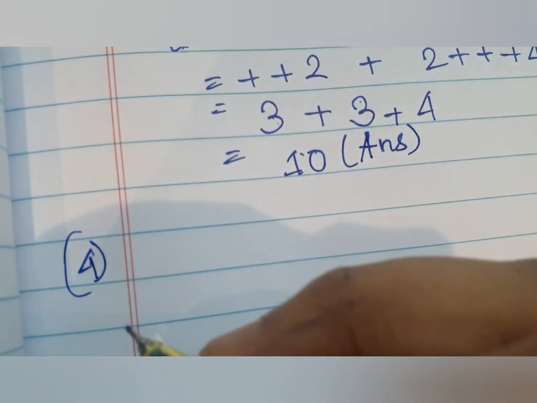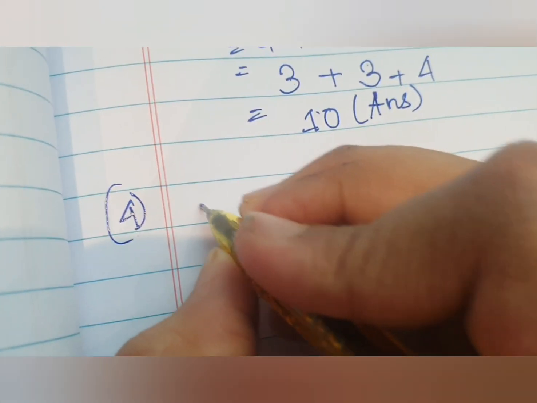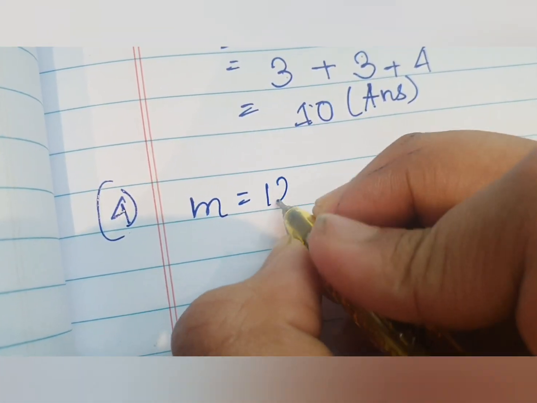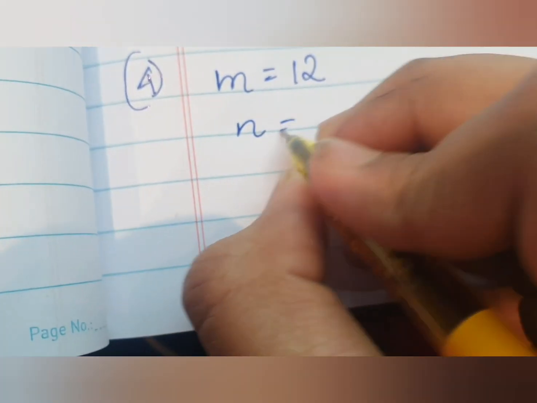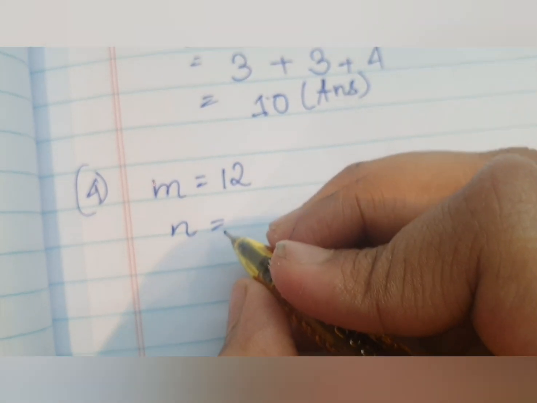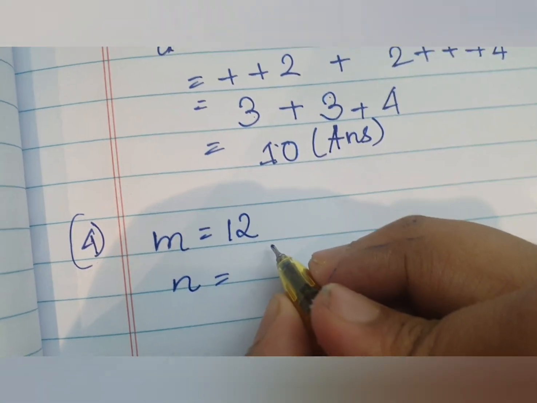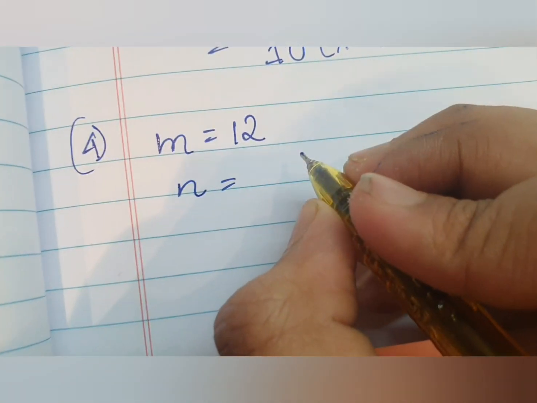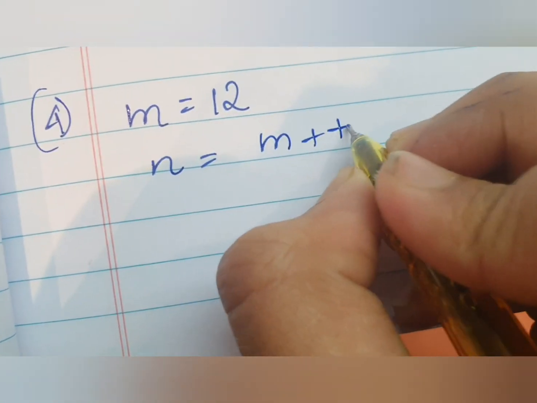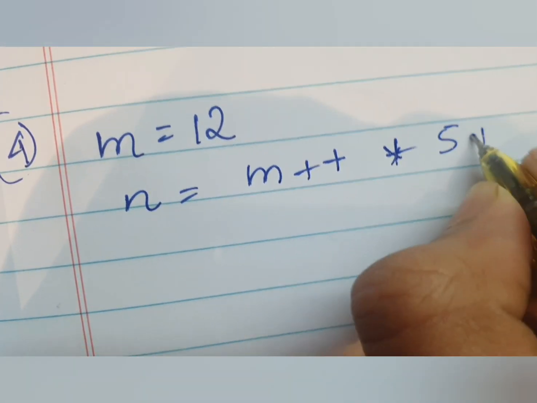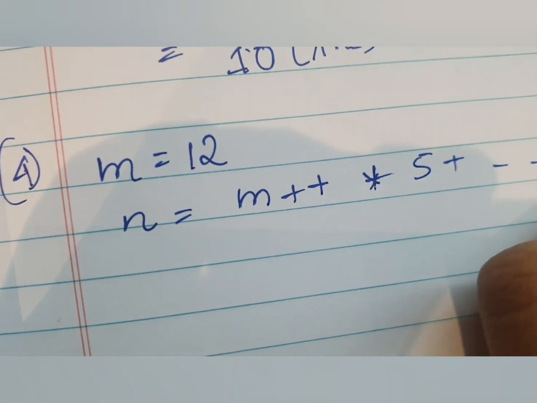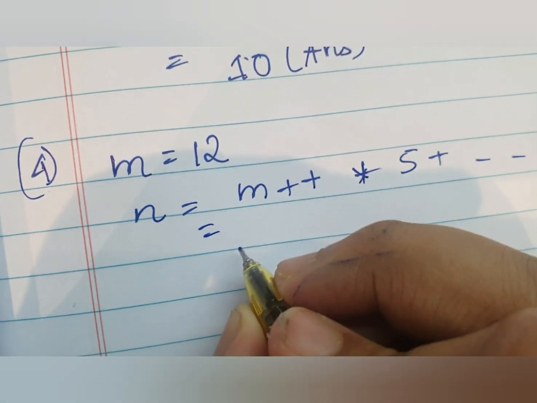After that, let's do number 4. The question is m equals 12. Then we have to find n, and n is m plus into 5 plus minus m. Alright, we will do it.